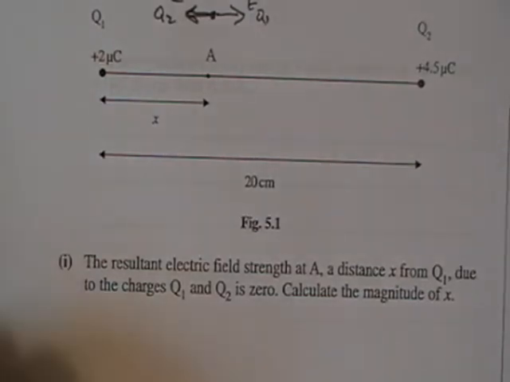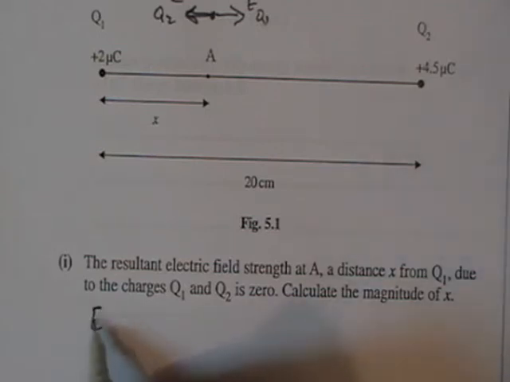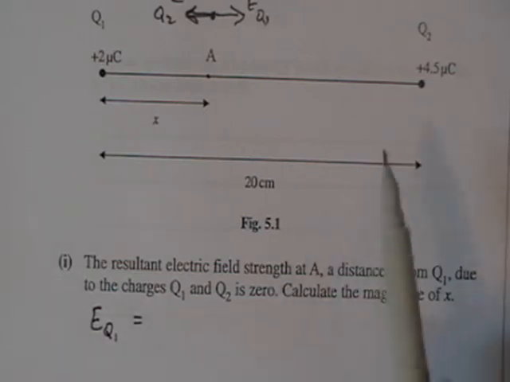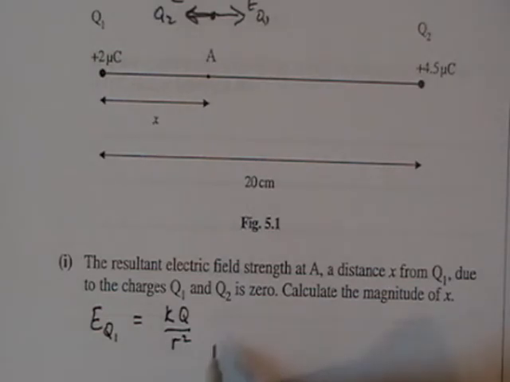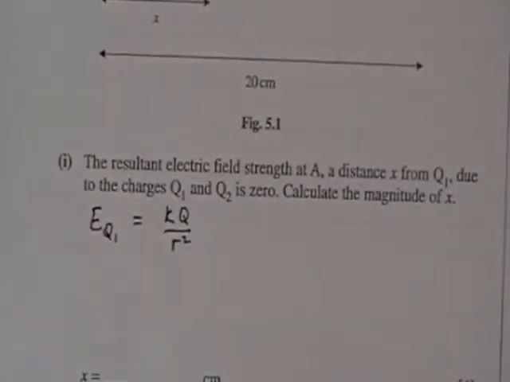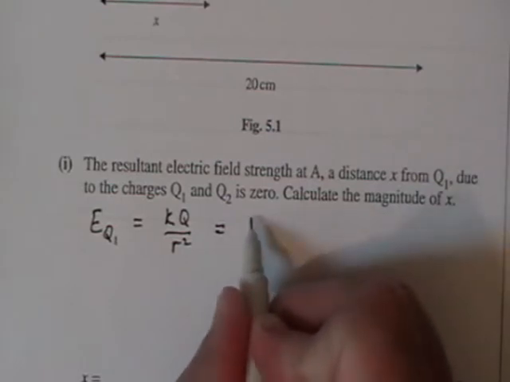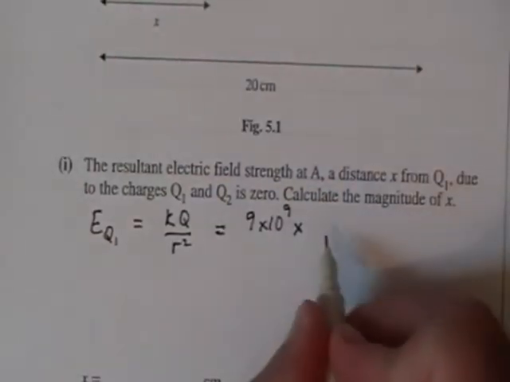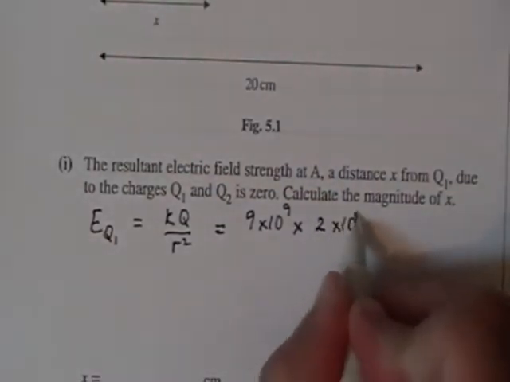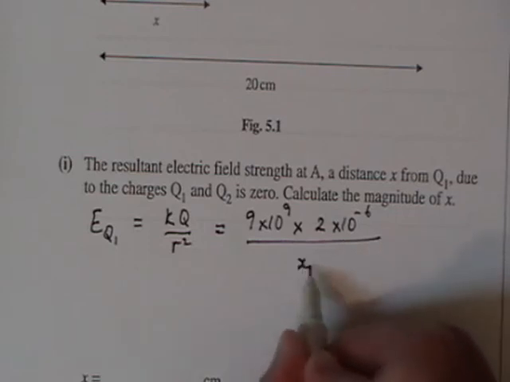At point A we're saying that the field strength due to Q1 is equal to, well, we've already said field strength is force per unit charge, so that's equal to K times Q over R squared, which is equal to 8.99 times 10 to the power of 9 times 2 times 10 to the minus 6 over x squared.